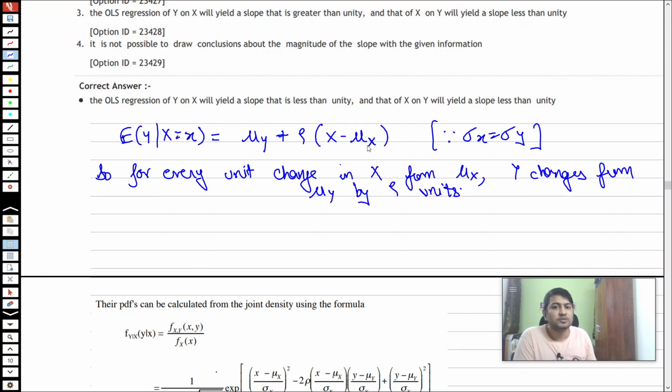So if I proceed in this manner, if I run a regression of y over x, basically taking x as the regressor, then I would see that the slope is going to be rho. Okay, so if I regress y over x, I will get my beta 1 hat to be equal to rho.